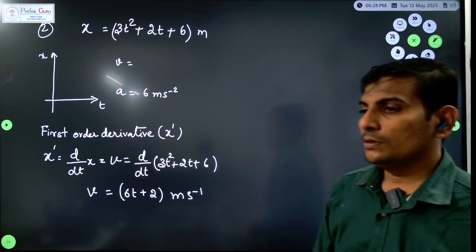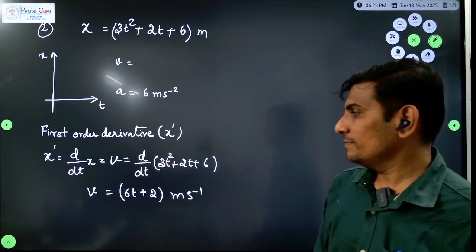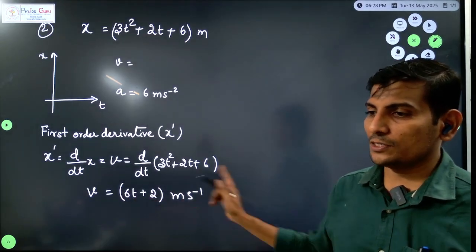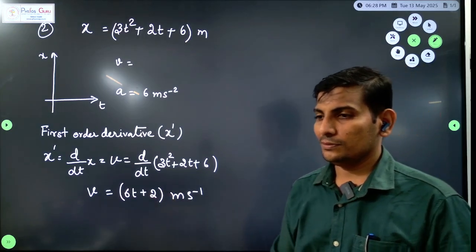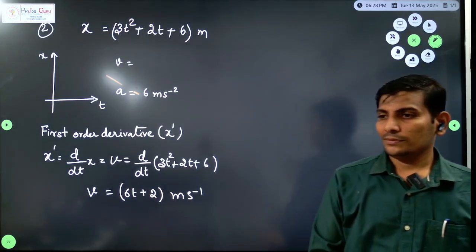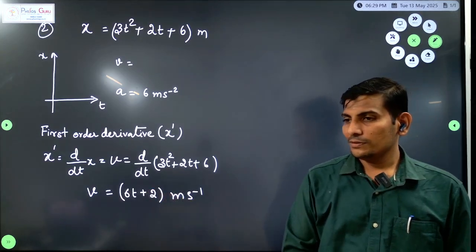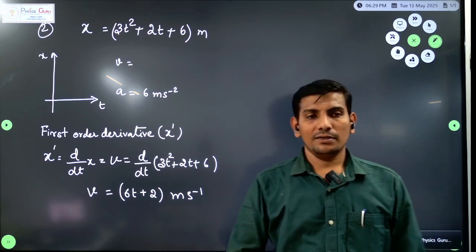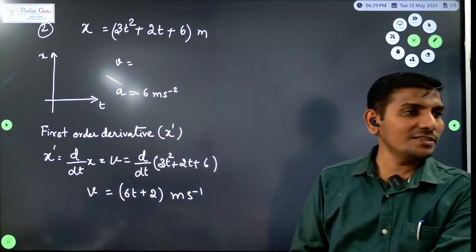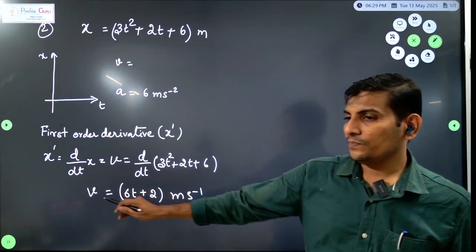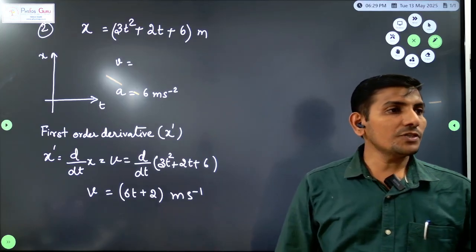Now you can see the coincidence. Velocity has a formula which is equal to 6t plus 2. What does it resemble? Excellent. y is equal to mx plus c. So the variation in velocity resembles a straight line.